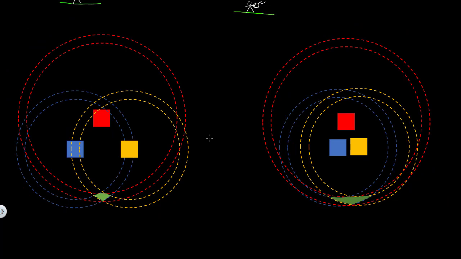Okay, so of the two, I'm making the claim that this is a better viewing geometry than this. The reason I say that is the positions of the satellites are more spaced out relative to this. The sizes of the circles, which represent the signal distance, are the same. Nothing has changed. The only difference between these two things is the positions of the satellites.